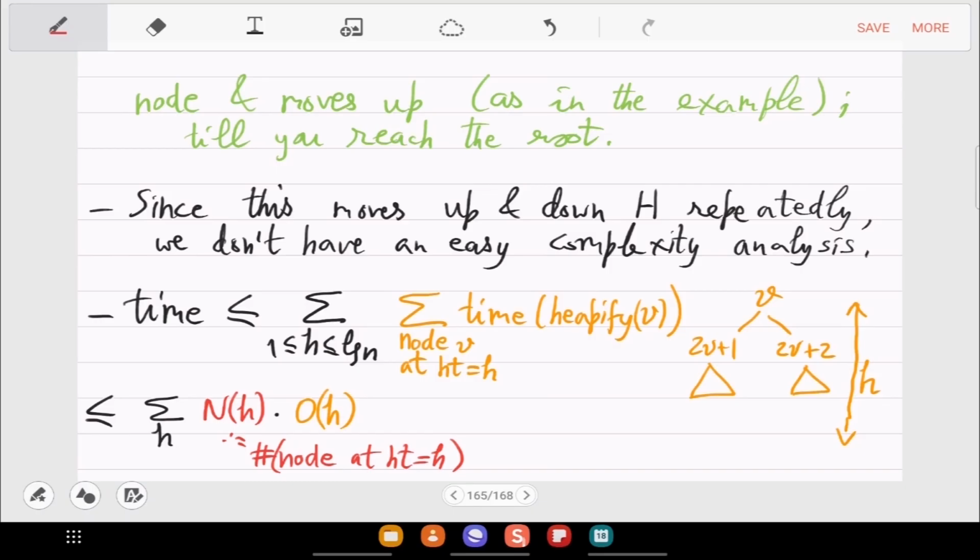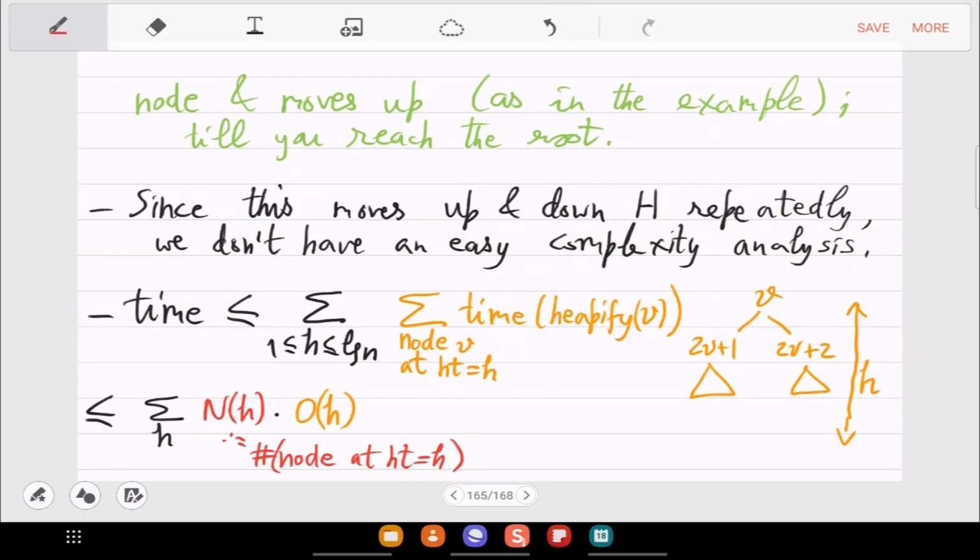So this will only take as much as the height of node I. So the time for Heapify V is just given by the height, which is order h. And then it is the same for all the nodes V at that level.